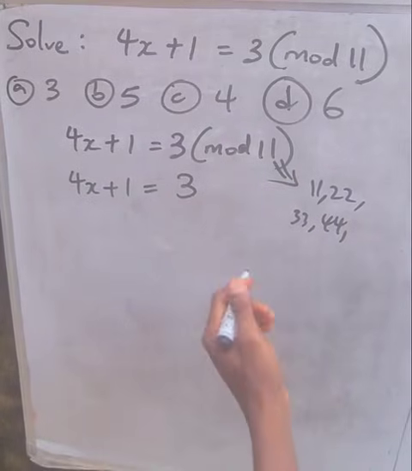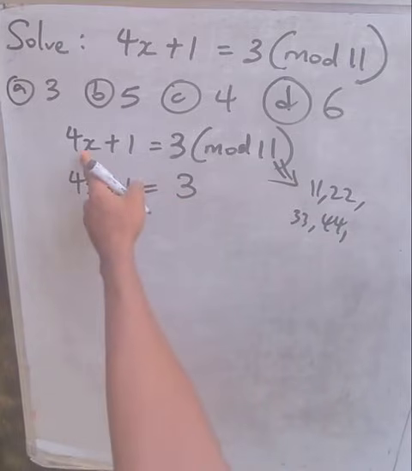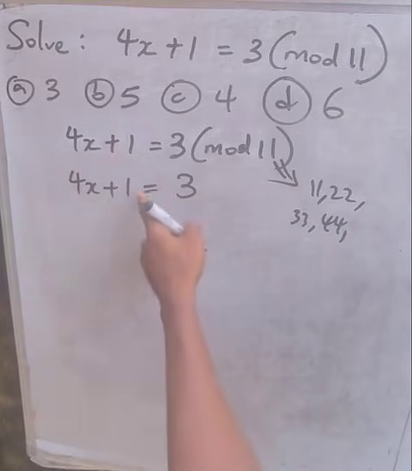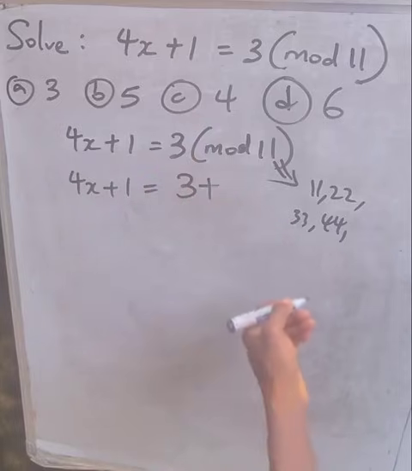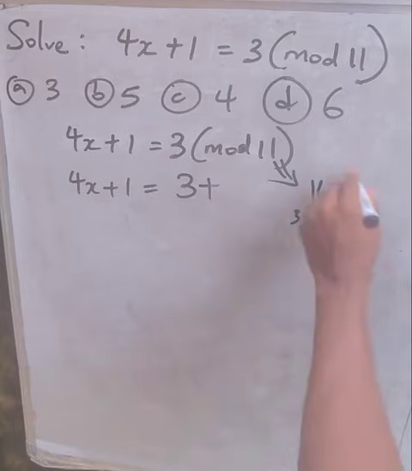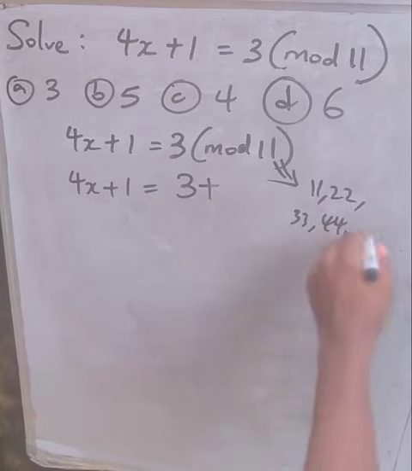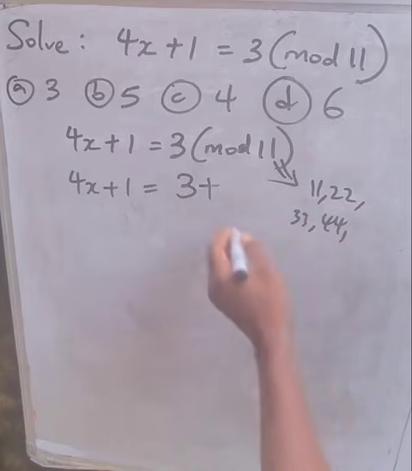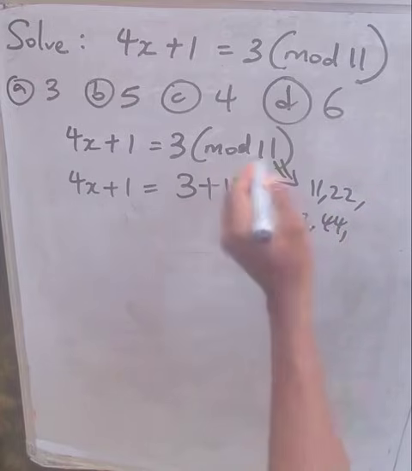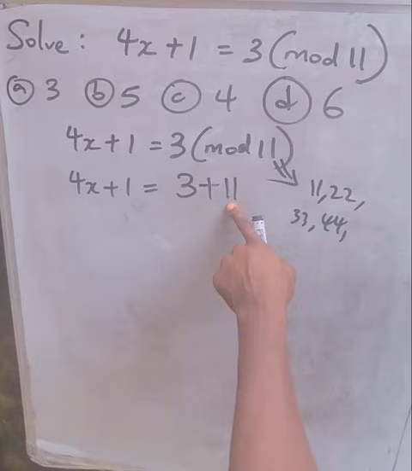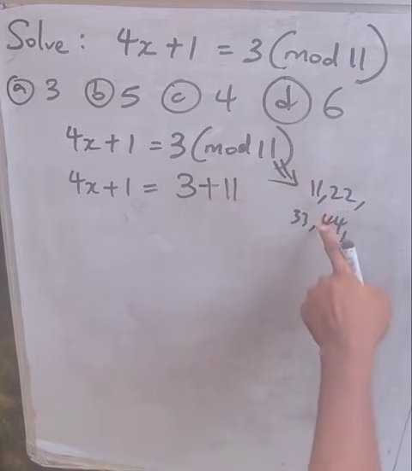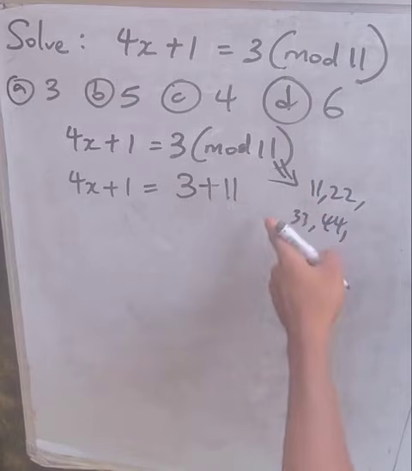So what I need to do here is, this is 4x + 1 = 3, plus 0. The 0 here can be any of these multiples of 11, so I can just take the first one, 11. This is assumed to be 0 because all the multiples of 11 in mod 11 are 0.